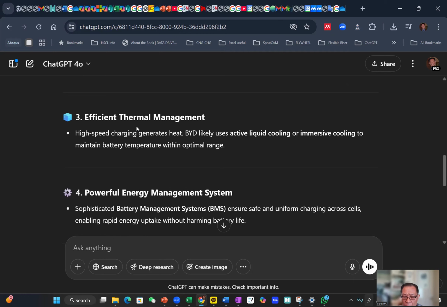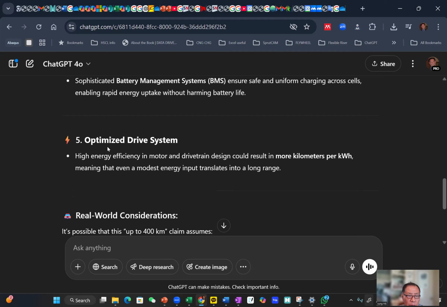All the power and energy transfer relates to heat generation, so how carefully and effectively the thermal aspect is managed is a really important point. Then, optimized drive system: high energy efficiency in motors and a well optimized drive train.